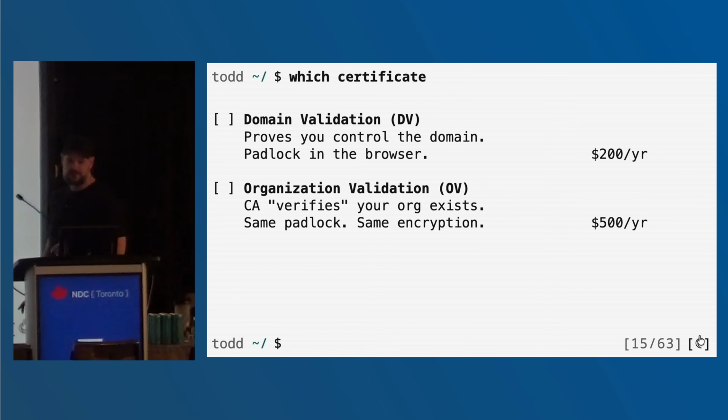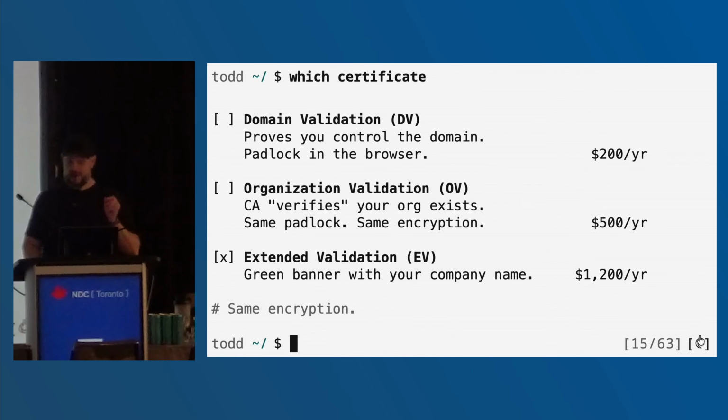Organizational validation. Now, if you try and purchase an organization validation, they might call you and make sure that you answer the phone and do a Dun & Bradstreet lookup to make sure your company actually exists. And to do that, you'll pay $500 a year. And if you really want the best validation, you can buy extended validation for $1,200 a year, which adds a bunch of extra paperwork.